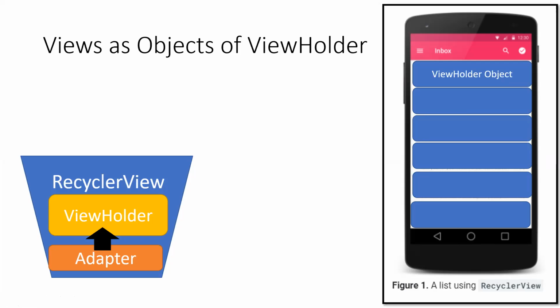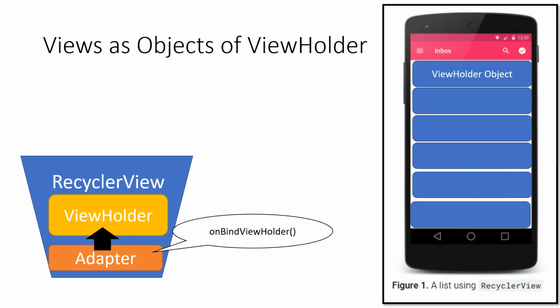The moment you scroll down, the populated view holder object will display the data which was bound by an adapter. So that's an optimization tweak that I just spilled the beans of.